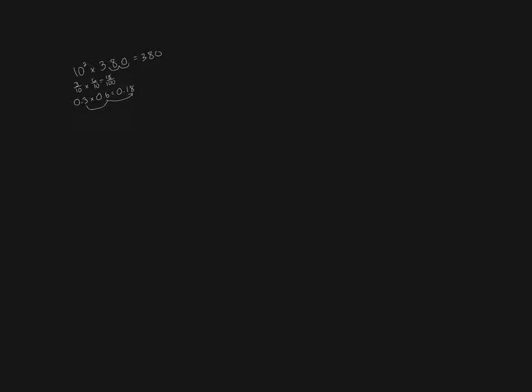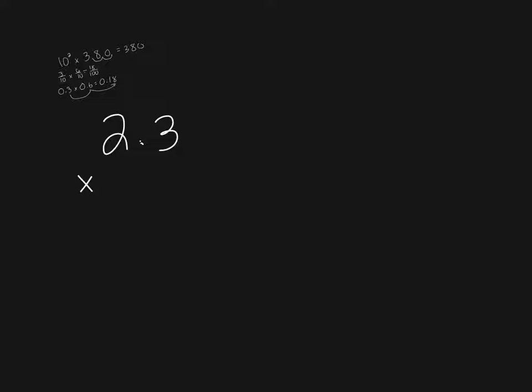So what we're going to start to look at is a problem like 2 and 3/10 times 5, where we have a whole number 5. We can use estimation: 2 times 5 is 10, so our answer should be somewhat close to 10.